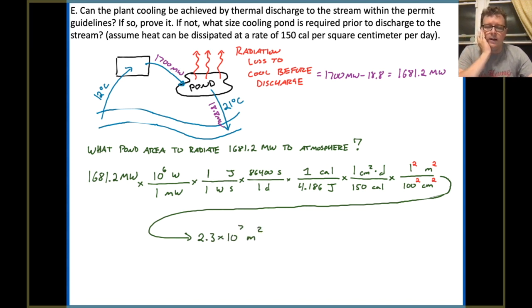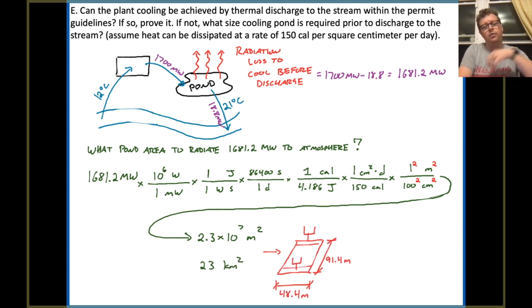And what I get from that is 2.3 times 10 to the 7th square meters. That's a big number and not particularly intuitive to me. So alternatively, that is 23 square kilometers. Still not always sure what a square kilometer means.